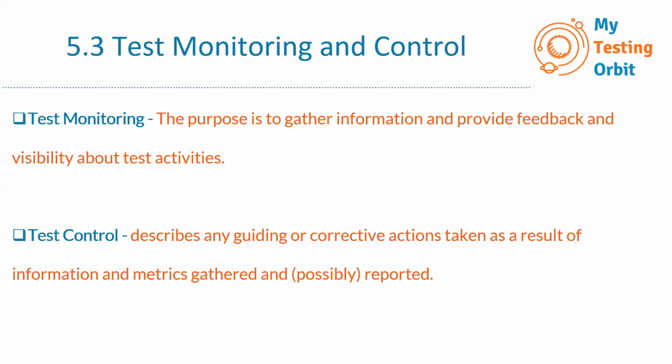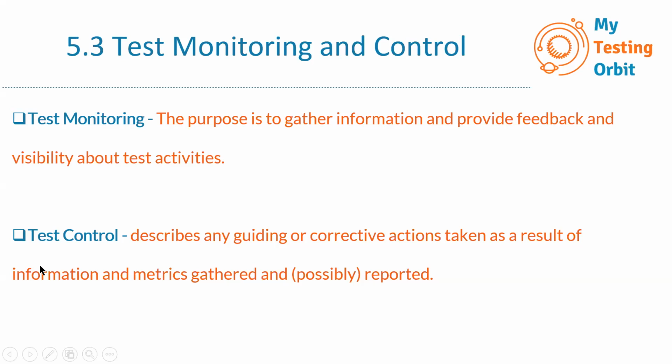Manually, of course, we can collect the number of defects, etc. And automatically, there are some code coverage tools which provide us how much, let's say, statement testing coverage we have achieved. If we are using any kind of code coverage tool, that would be an example of automatically gathering the metrics.